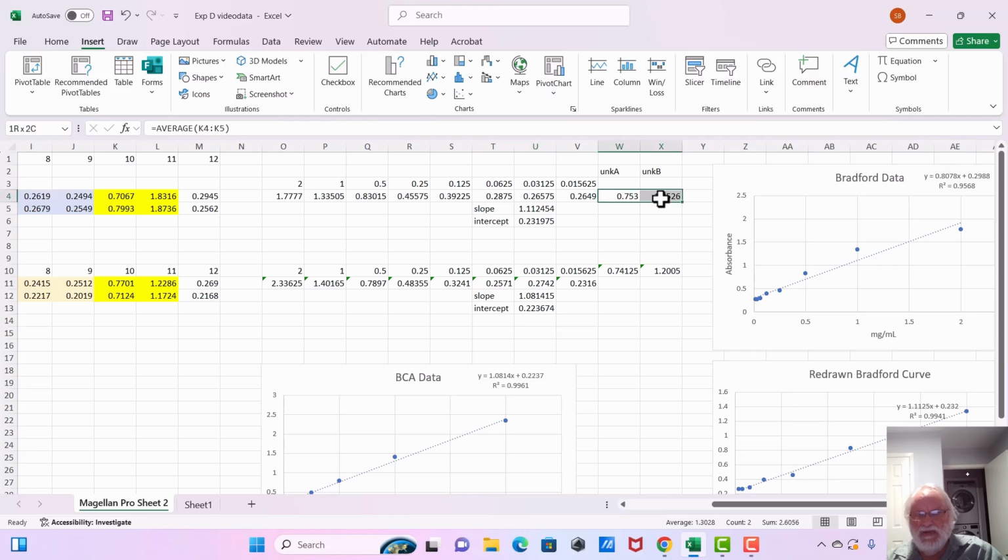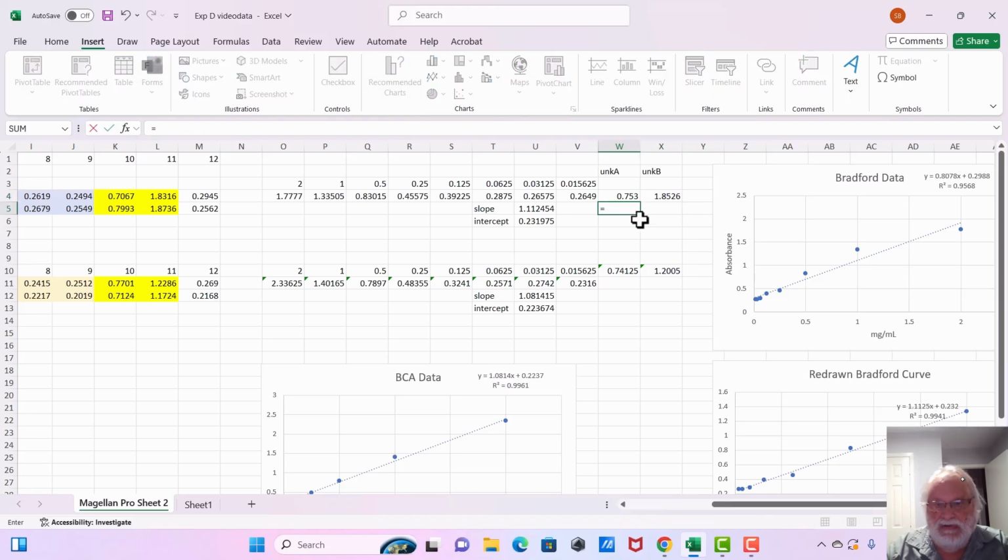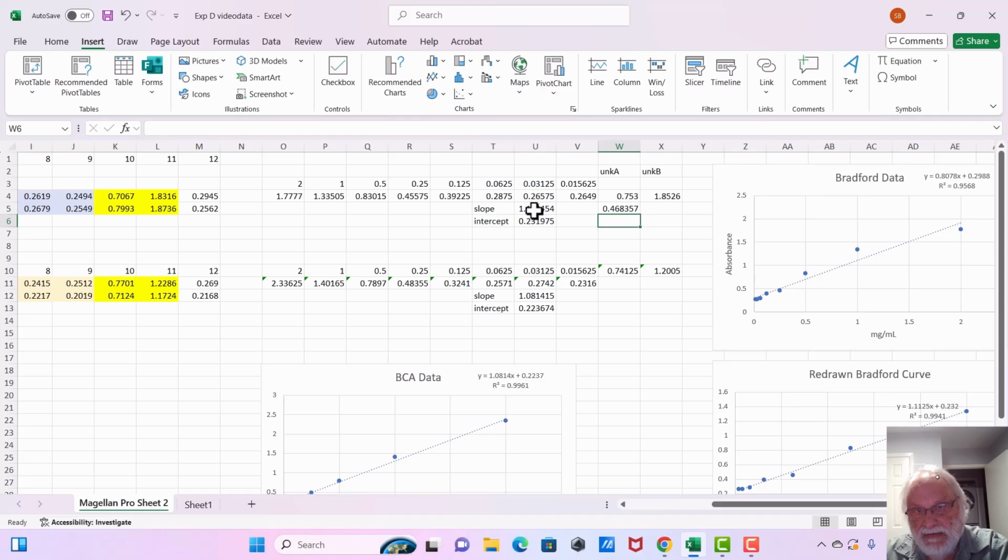Now, as we have absorbance for these unknowns, you want to determine the concentration. So the concentration is equal to that value here minus the intercept, close that, divide by the slope, hit enter.